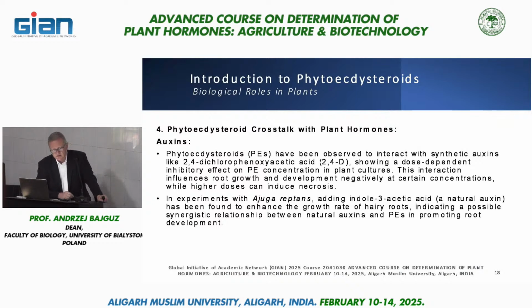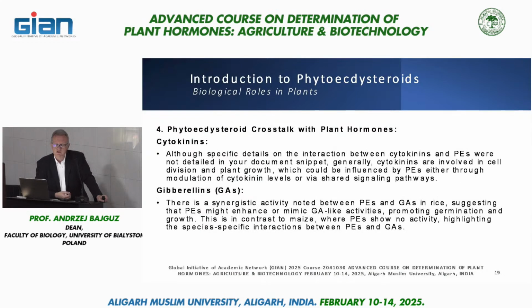Why direct interactions between phytohormones and cytokinins are not well documented. Their combined role in growth regulation suggests a possible overlapping function in cell proliferation and cell differentiation. Some studies indicate synergistic relationships between phytohormones and gibberellins in some plants.